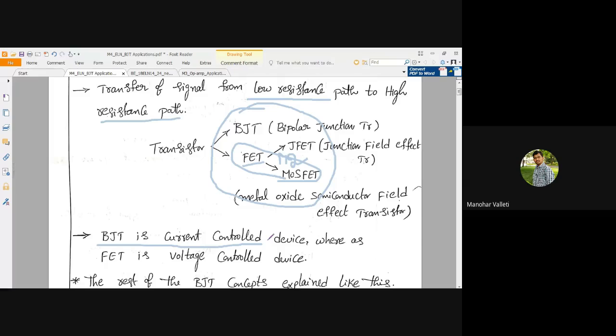Actually, to explain the entire BJT applications, I need 5 to 6 classes, but to cover what is in the syllabus, that many classes are not needed. I'm not going for the detailed analysis of the BJT. Whatever topics regarding basics are in the syllabus, I will revise and cover.